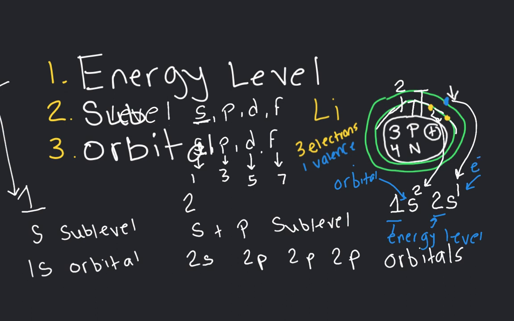And so all three of these have to be represented in the electron configuration. And if we wrote this, we'd call this whole thing right here an electron configuration. It's a little code to show people where the electrons are located.